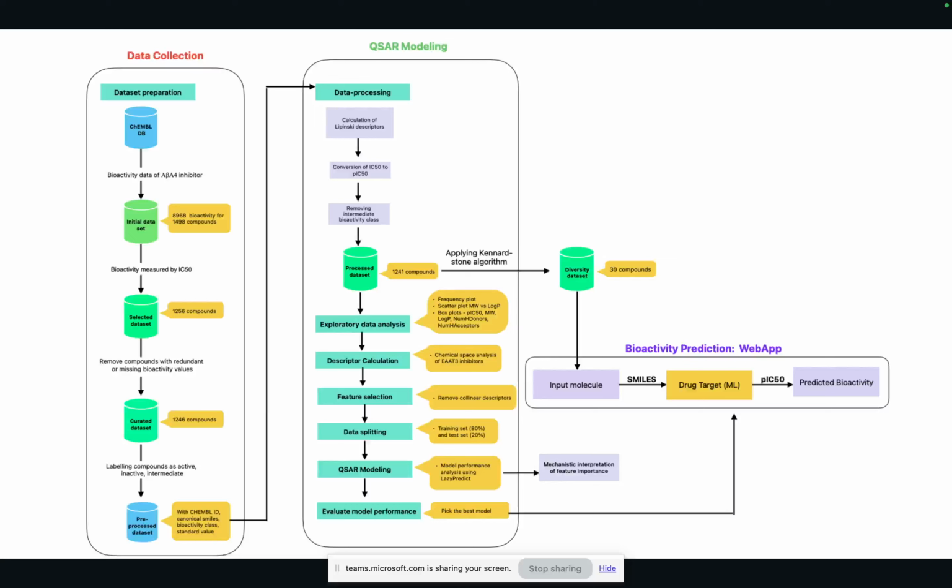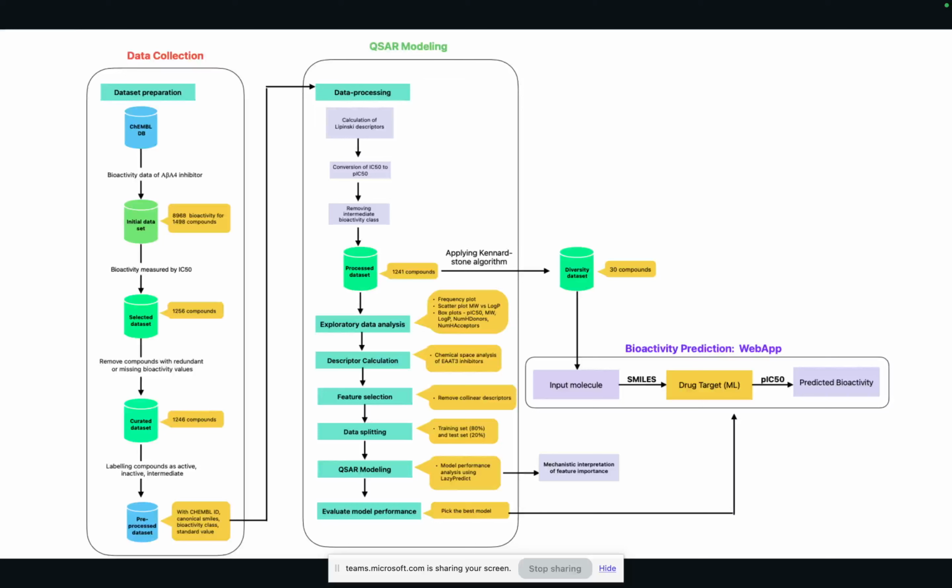If we talk about the workflow, we have used the ChEMBL database, which is predominantly the UK's database. We have taken the data set from the ChEMBL database, which has all the bioactivity data of amyloid beta A4 inhibitors. When we collected the data, it had around 8,968 bioactivity data points for around 1,498 compounds overall.